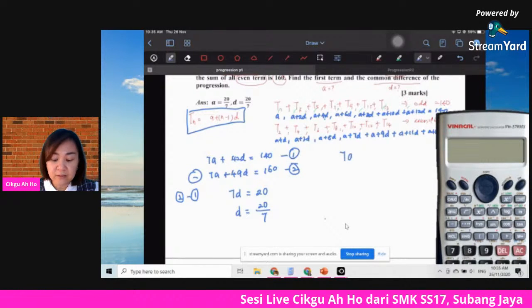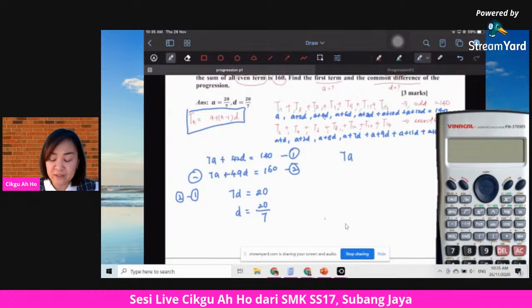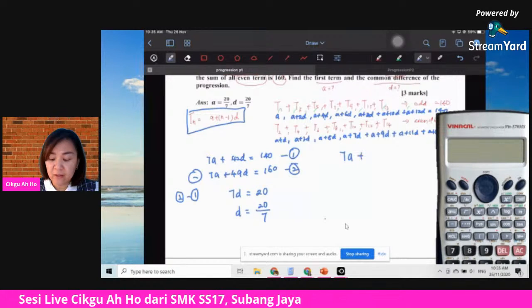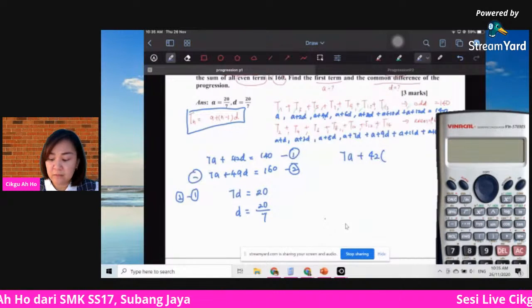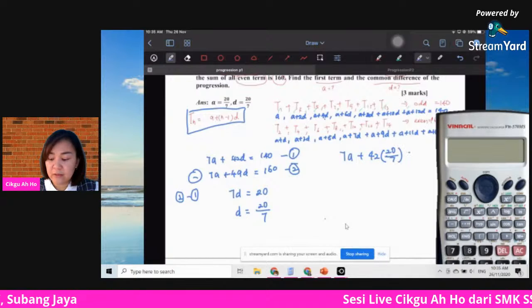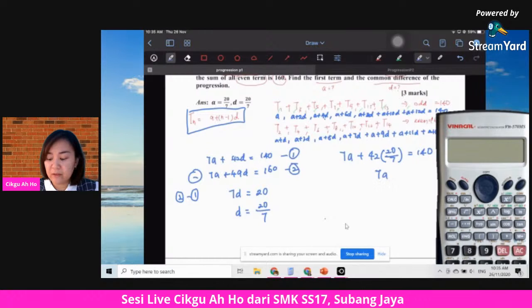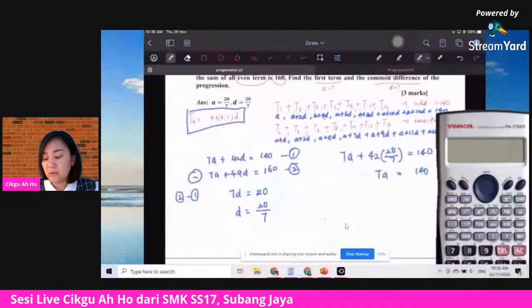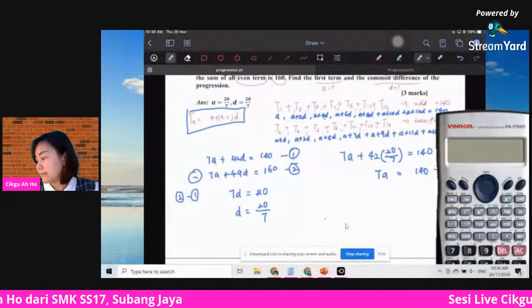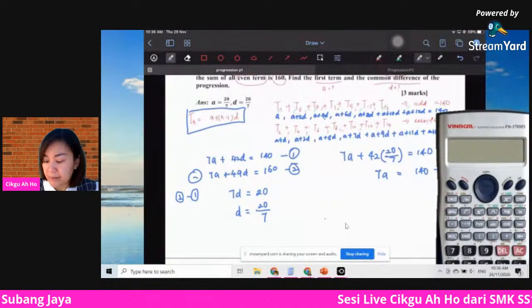So we substitute, let's say A, we go to the first equation. Okay, we want to find your A. So 42D, substitute 140. Okay, so you press your calculator. For 7A equal to 140, this one plus, right? Become minus. Minus this one.